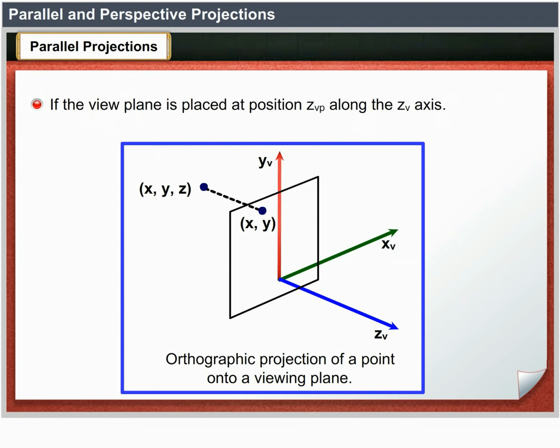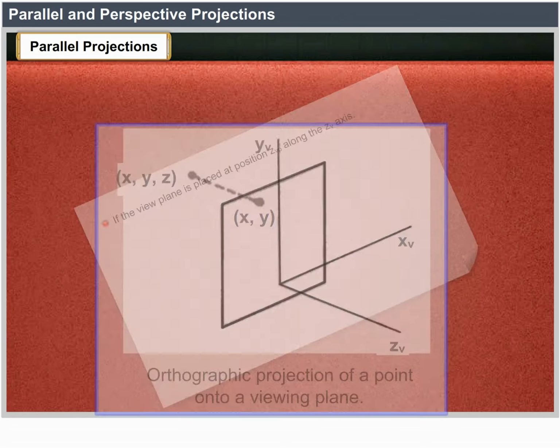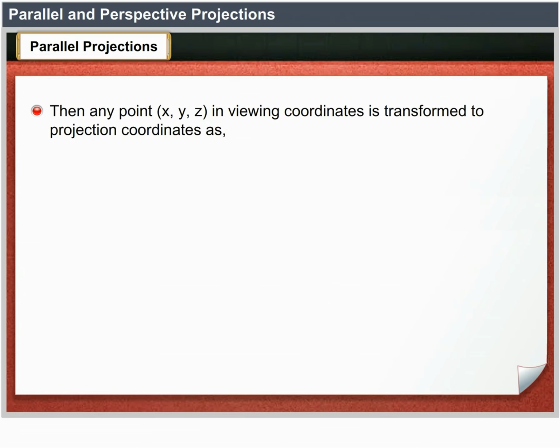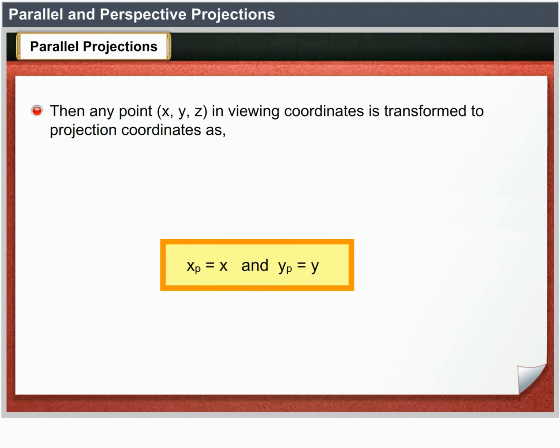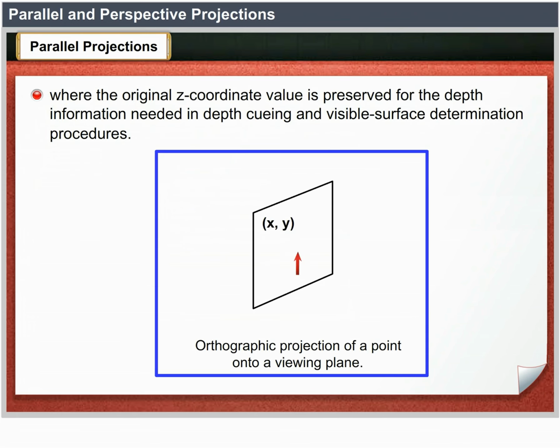If the view plane is placed at position zvp along the zv axis, as per this figure, then any point (x, y, z) in viewing coordinates is transformed to projection coordinates as xp equals x and yp equals y, where the original z coordinate value is preserved for the depth information needed in depth cueing and visible surface determination procedures.